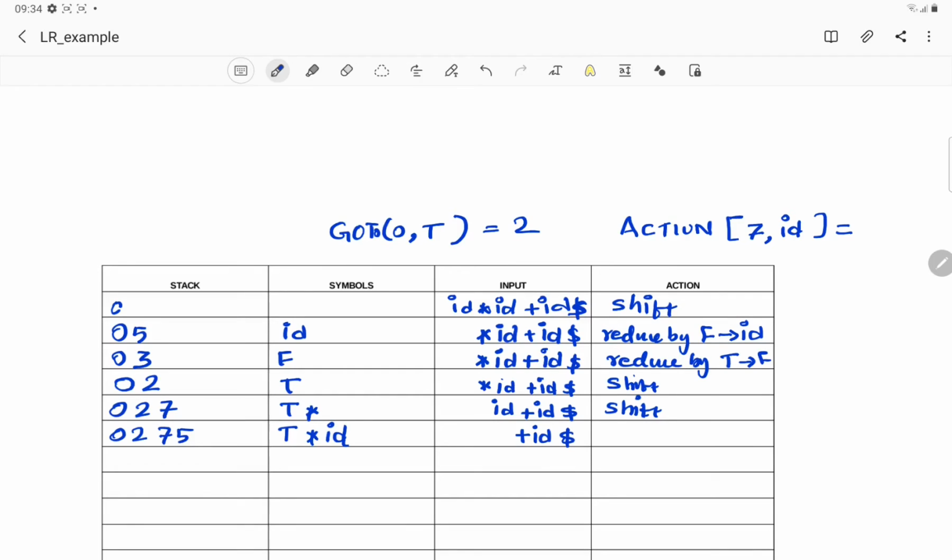Now the stack top is 5 and the next input symbol is plus.